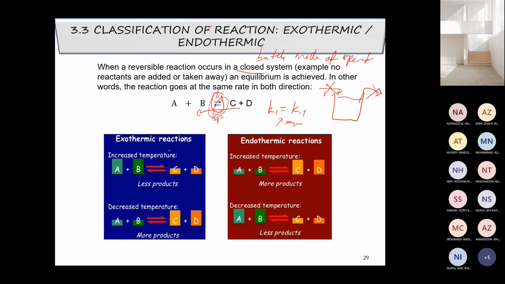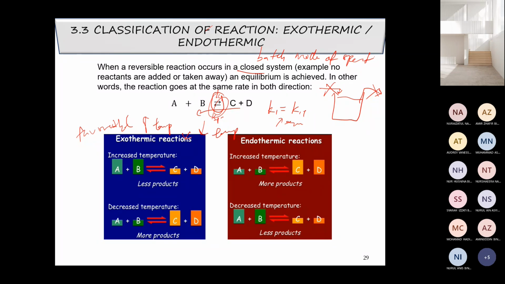So for example, we have an exothermic reaction. So exothermic reaction ni adalah proses yang dia akan favorable kalau kita increase temperature, kalau kita increase the heat atau energy. So dia akan become favorable, means that the reactants A plus B akan produce pada C and D. Tapi kalau you lower the temperature, so dia punya heat absorbed adalah less.